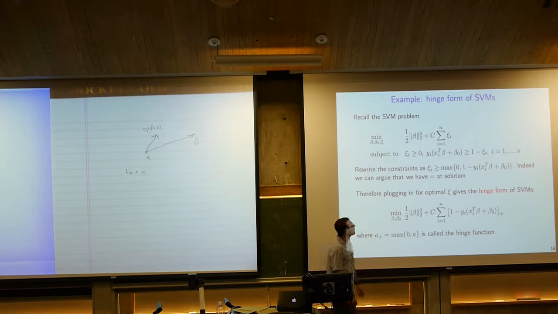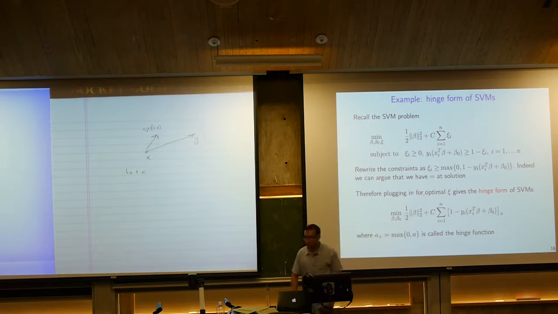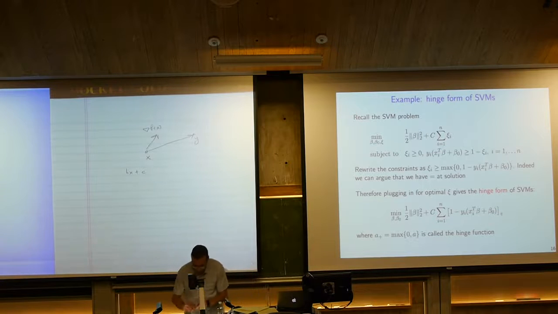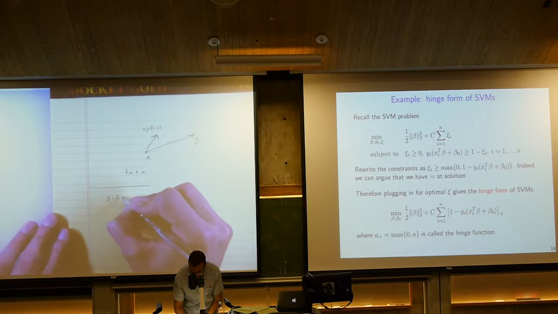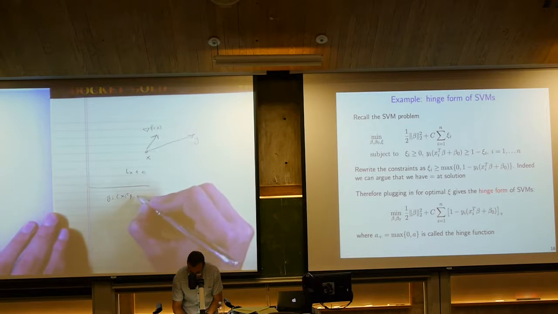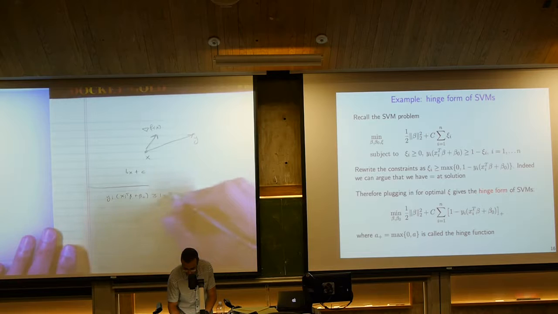So the first thing that we say is that this right here, this inequality constraint, at the solution, this is going to have to be an equality. This is greater than or equal to 1 minus psi i.